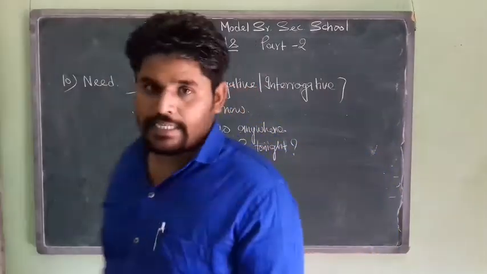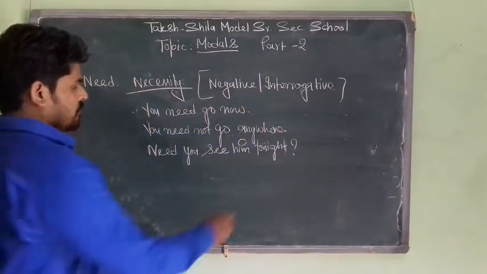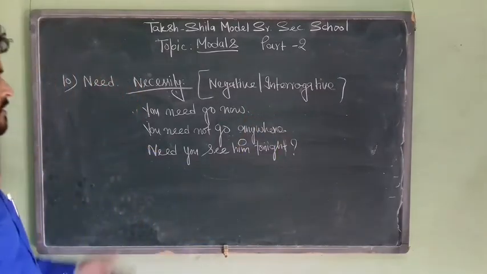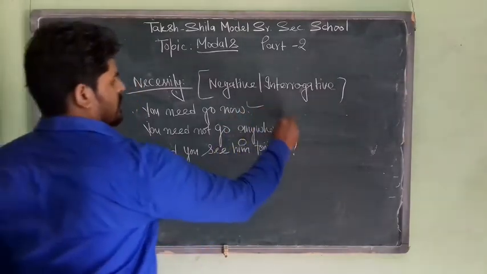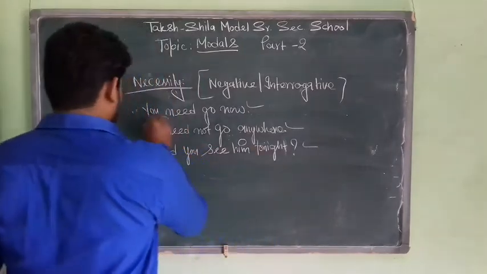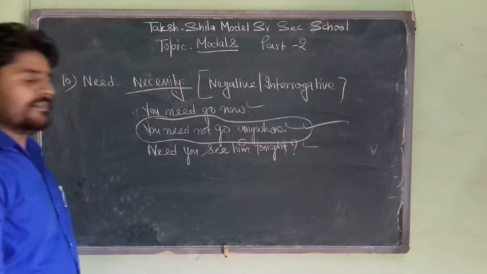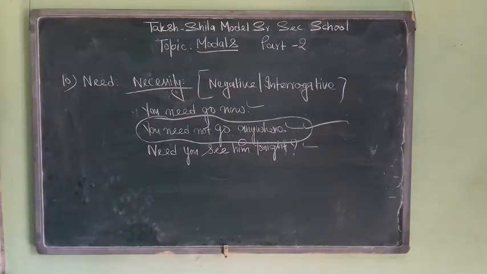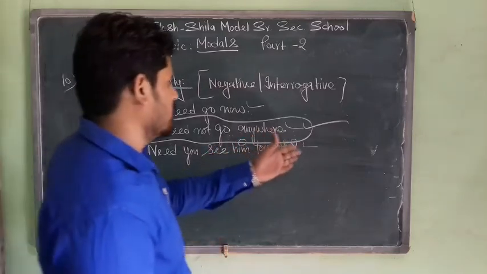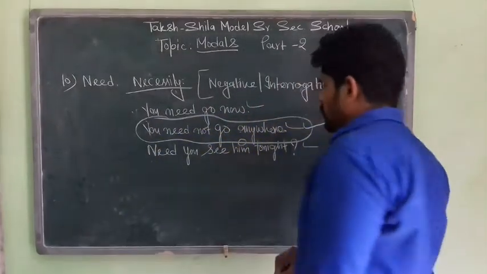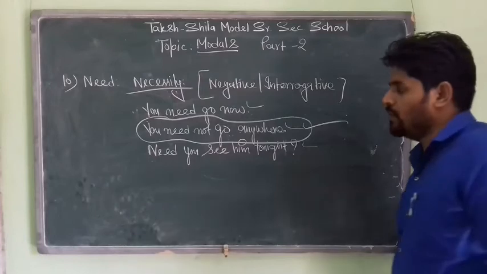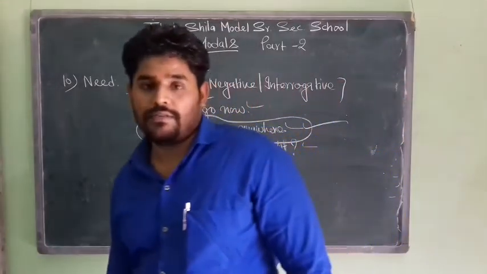So is there a need that you should meet him tonight? So these are the three sentences. This is an affirmative, this is a negative, this is an interrogative. We use need mostly in negative sentence, right? So though we can use need in these three formats, it is most commonly used in this format number 2, that is negative sentence, right?